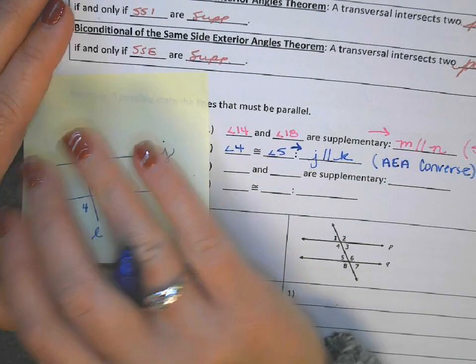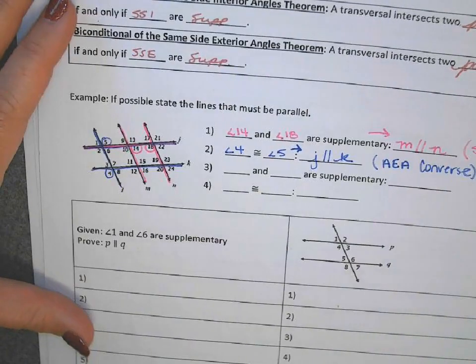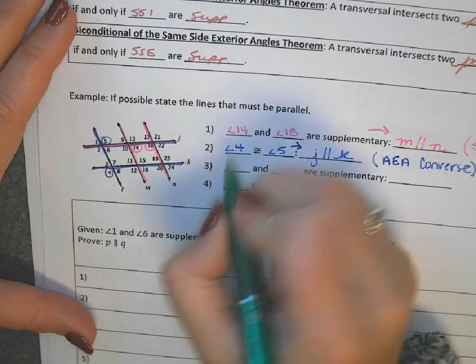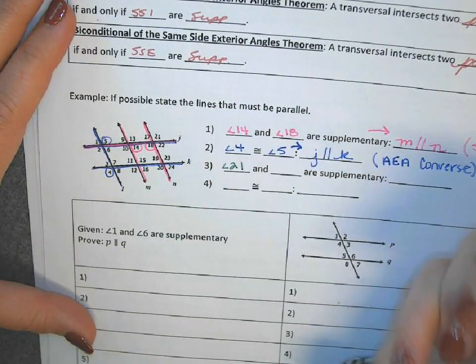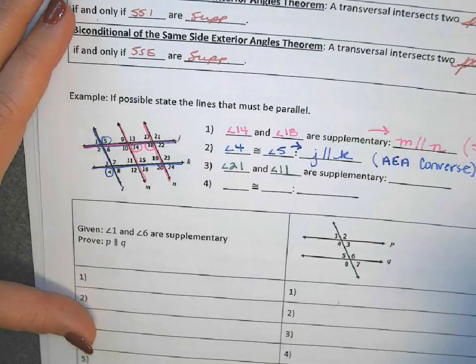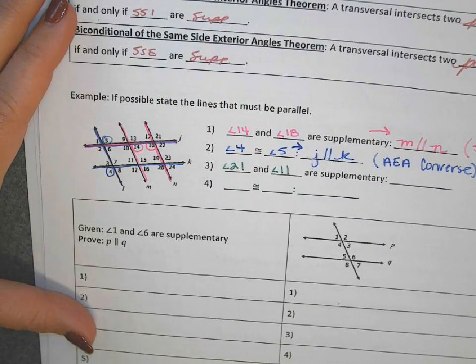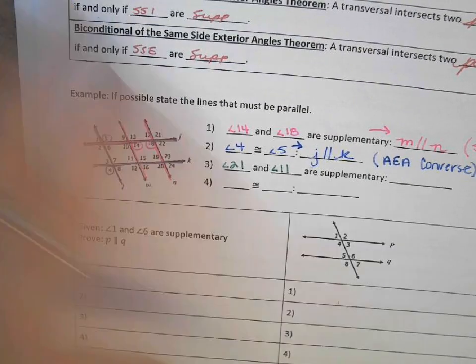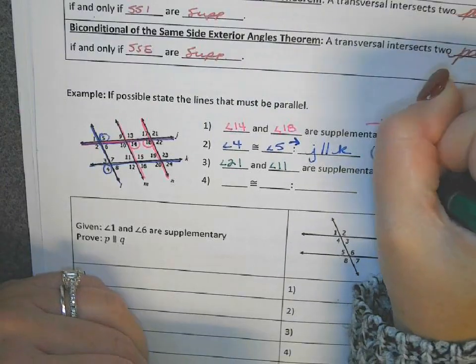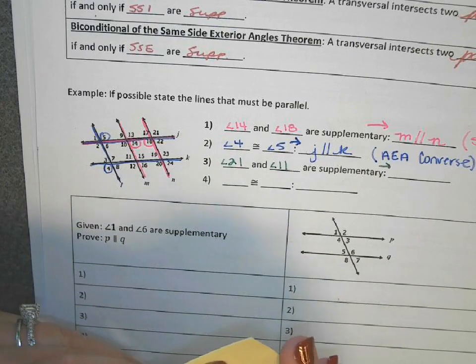Okay? All right, so the next one we are given says angle 21 and angle 11 are supplementary. So let's look at 21 and 11. And we're trying to figure out what can we conclude from that.